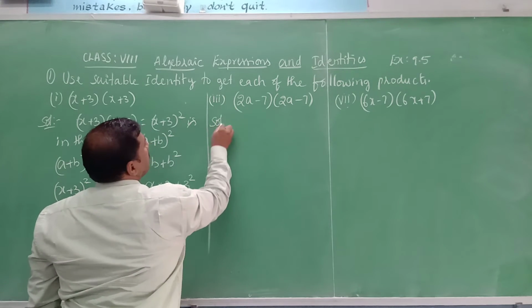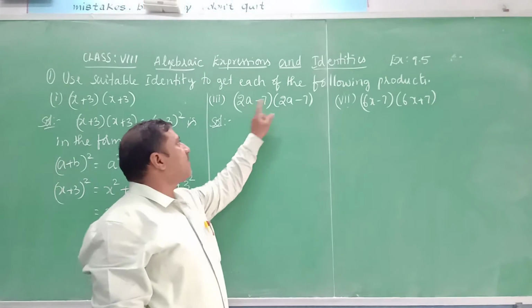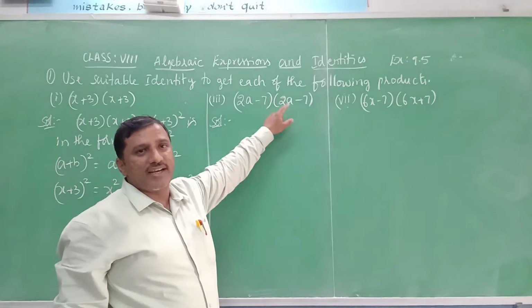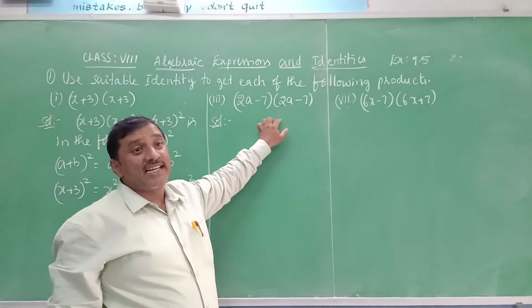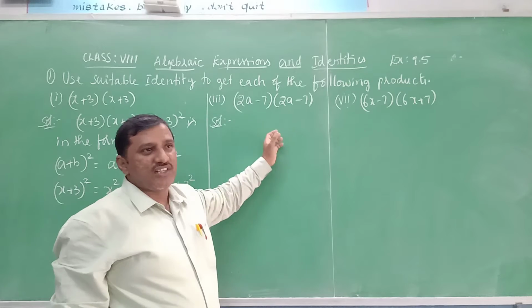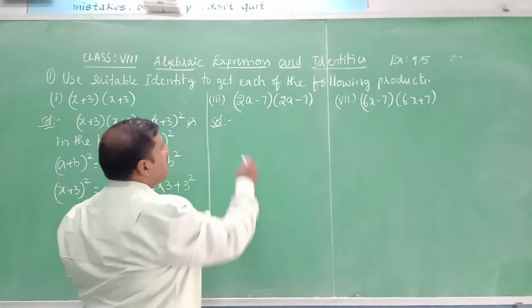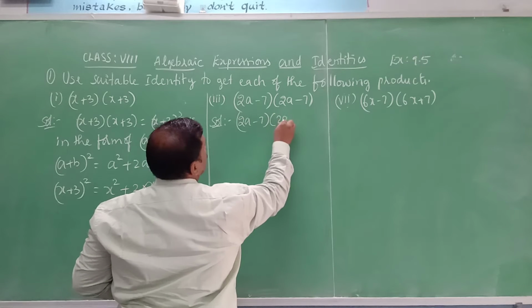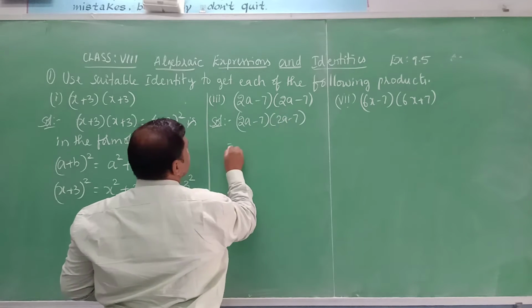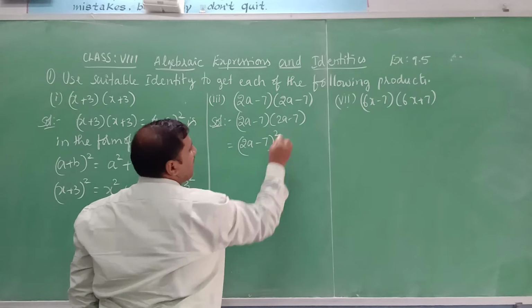Now see the third question. Here we have (2a minus 7) into (2a minus 7). Again the two expressions are the same, with a minus sign. As we studied, a into a is a square, b into b is b square. Similarly, (2a minus 7) into (2a minus 7) is equal to what? (2a minus 7) whole square.